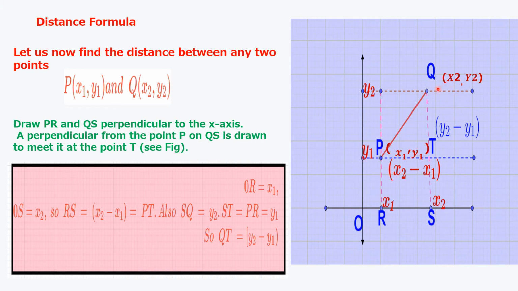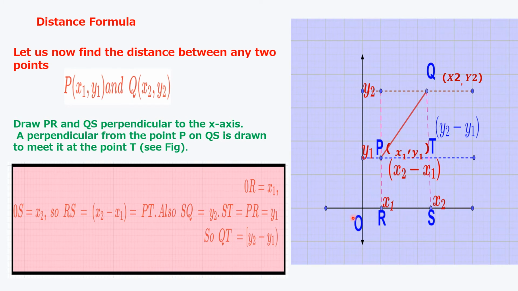This is the coordinate of point Q. So Q and S both lie on the same line, so whatever is the x coordinate of Q will also be the x coordinate of S. So OS and the line from Q are parallel lines. So the distance of Q from the y-axis is x2, and therefore the distance OS is also x2.